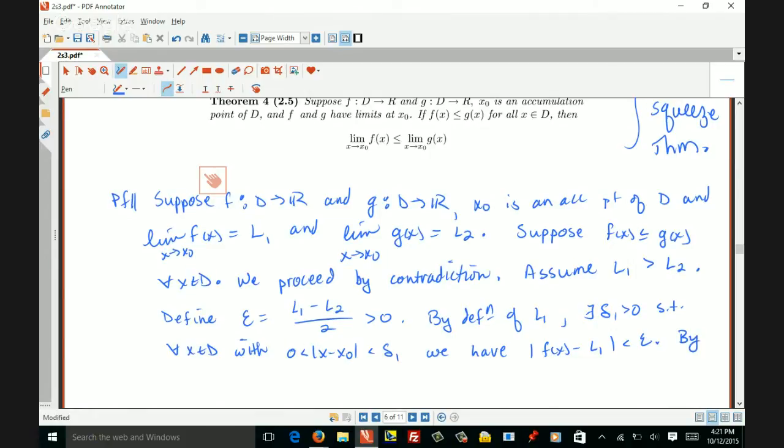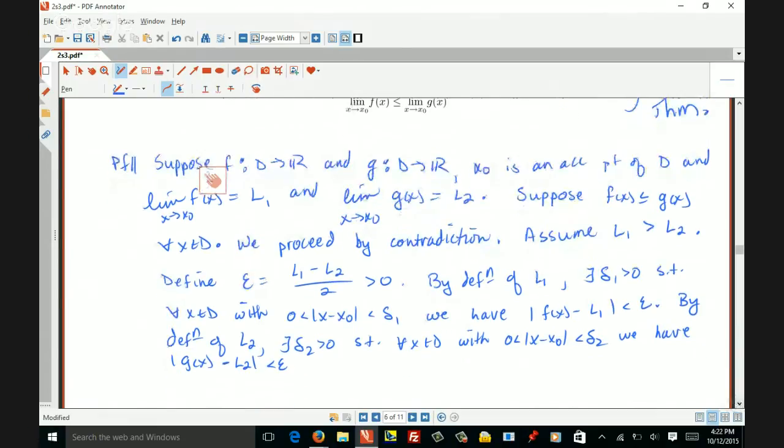By definition of L2, I know there exists a delta 2 greater than 0 such that for all x in D with 0 less than |x minus x naught| less than delta 2, we have |g of x minus L2| less than epsilon.